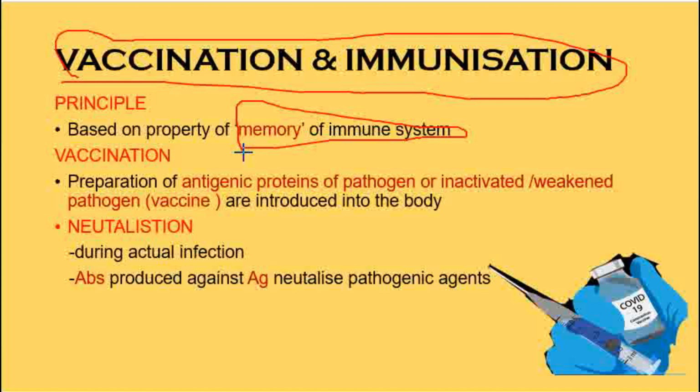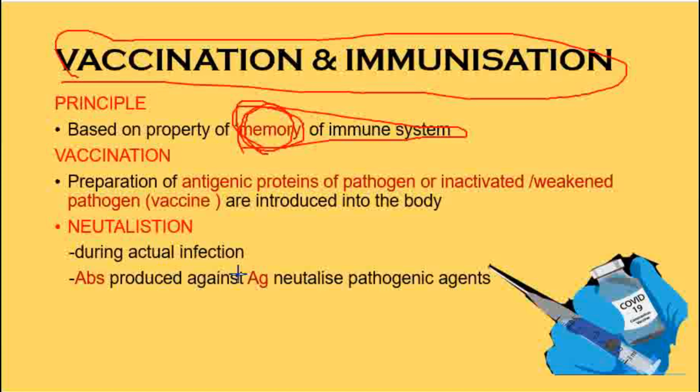In the same way, your immune system can remember things which have happened before. So if a pathogen attacks for the second time, it can recognize it. It has this property of memory, and this principle is utilized in vaccination, which we'll discuss in the coming slides.